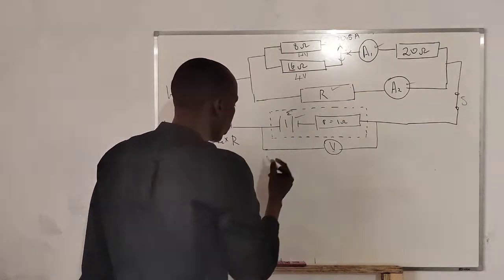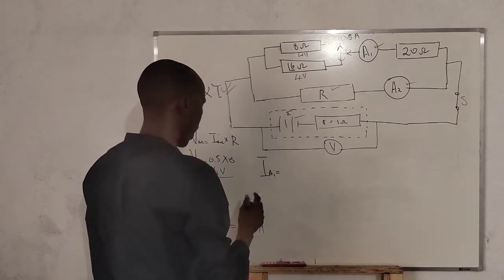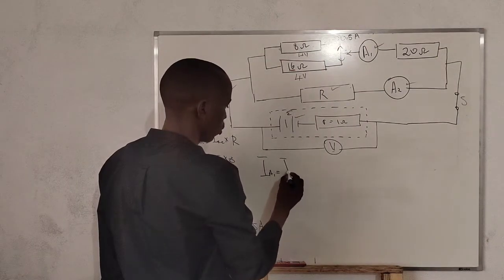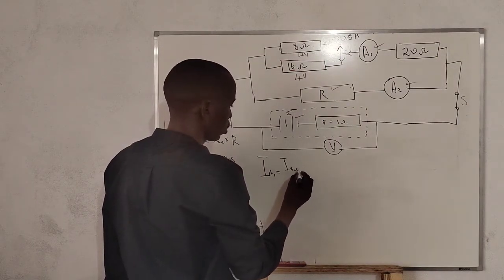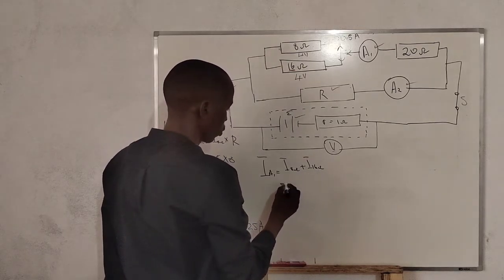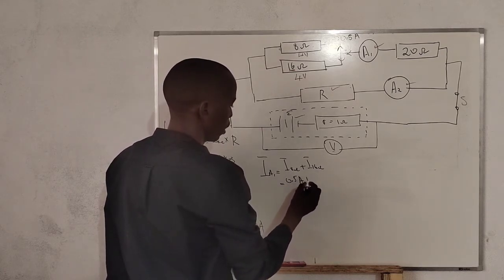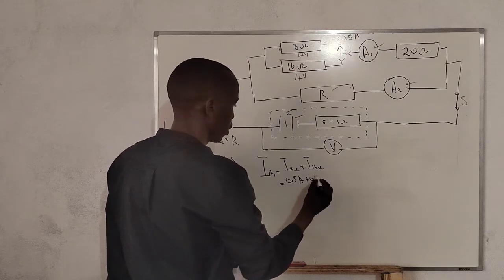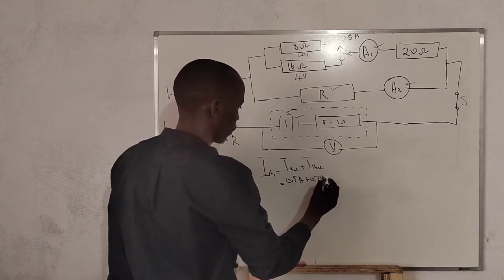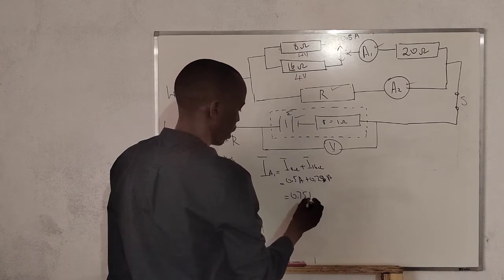Now to find the reading on A1, we have to add the current passing through the 8 ohm resistor plus the current passing through the 16 ohm resistor, which is 0.5 amperes plus 0.25 amperes, giving 0.75 amperes.